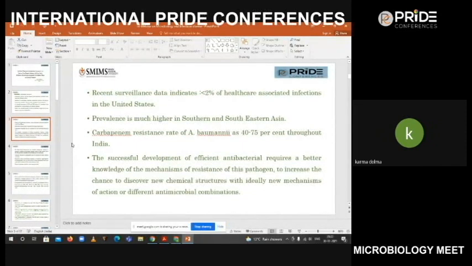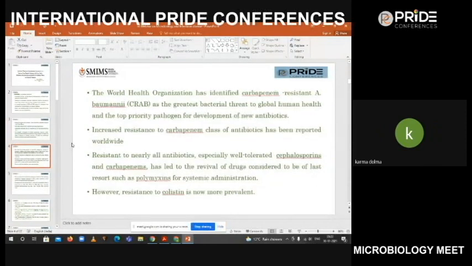So the successful development of efficient antibacterials requires a better knowledge of the resistance mechanism, thereby increasing the chance to discover new chemical structures with ideally new mechanisms of action or different antimicrobial combinations.